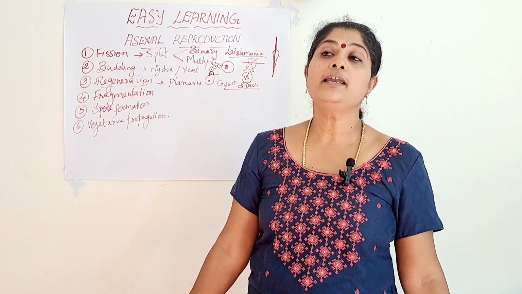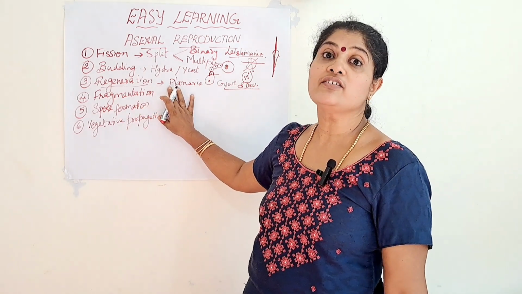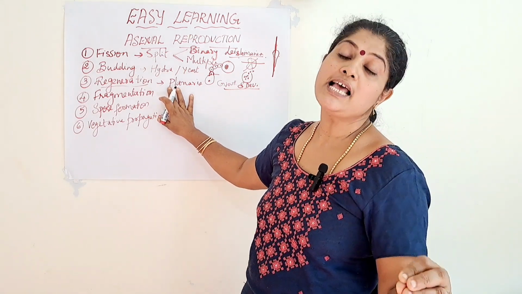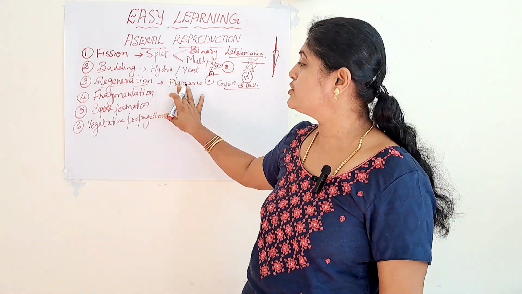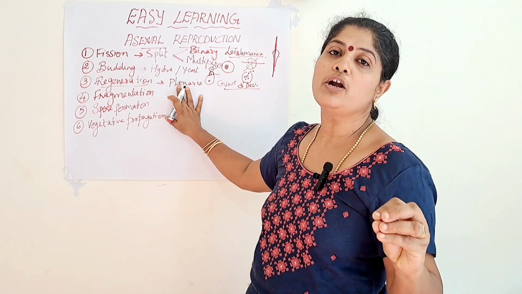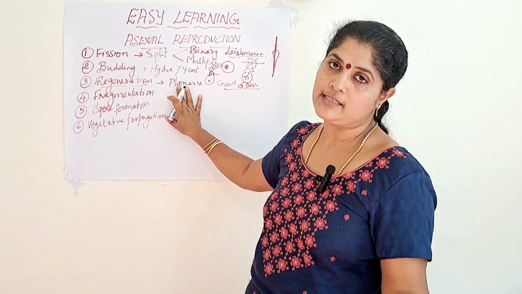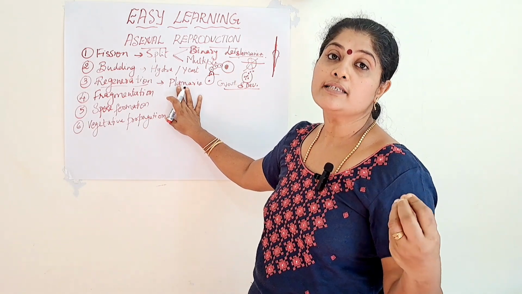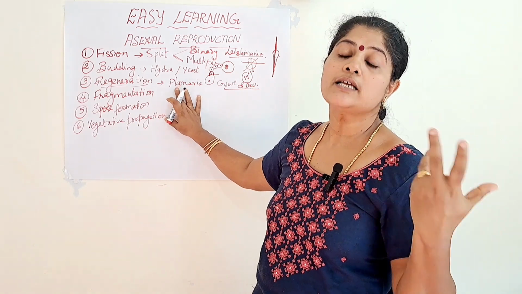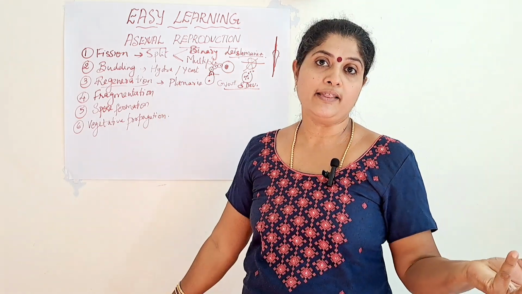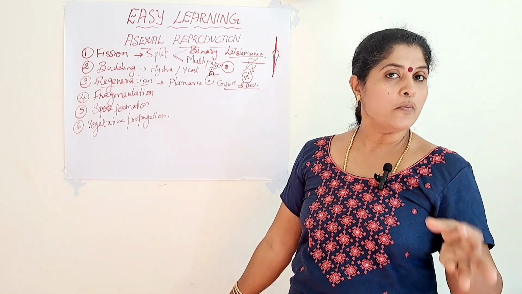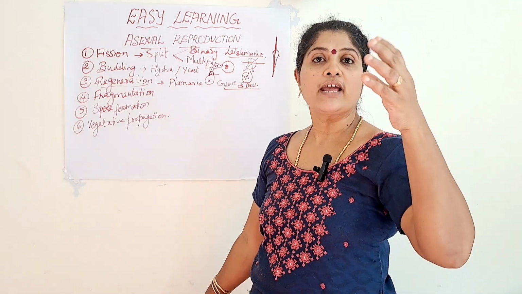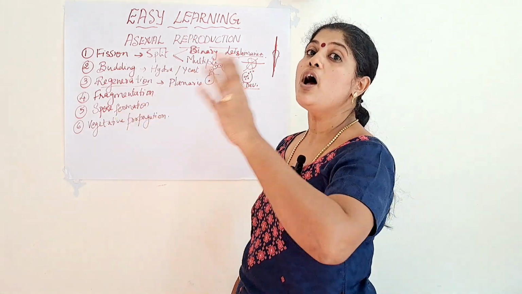But in the case of these simple organisms, the organization of the body is very simple, so only a few specialized cells are present, which help the cut body parts grow into a new full organism. Whereas in multicellular organisms, body organization is very complex, and a large number of specialized cells are there, and those specialized cells will form the tissues, tissues will form the organ, organs will form the organ system, and then it forms the organism.